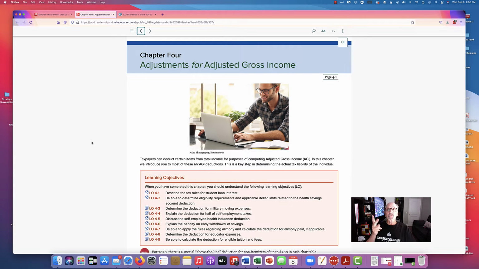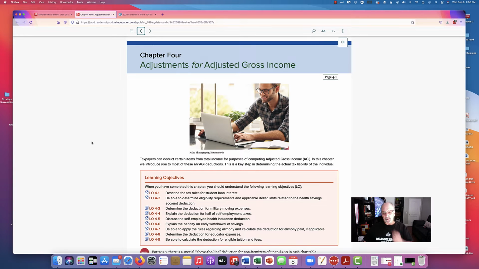There are 2 exceptions to this. 1, if the self-employed individual is eligible to participate in a subsidized health insurance plan, that special deduction is disallowed. So, for example, if a person has a full-time salaried job with one company, but they're working on their own on the side, they can't have both. And number 2, it cannot exceed the earned income producing a loss.